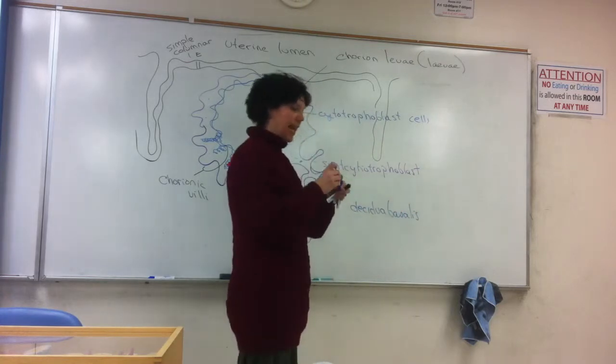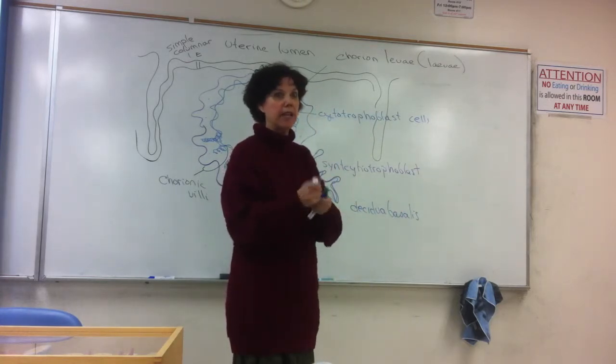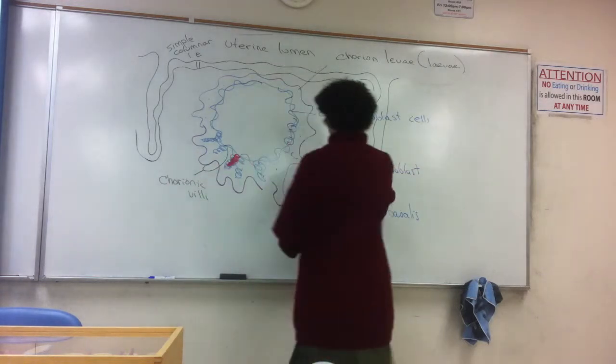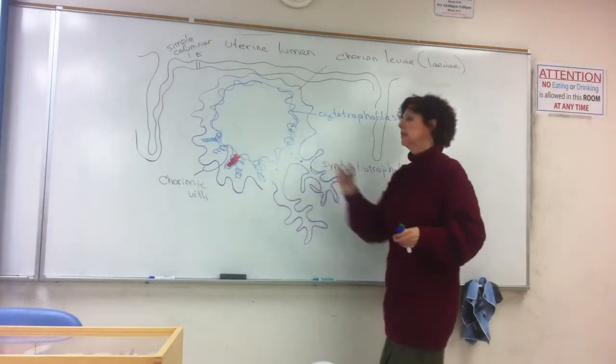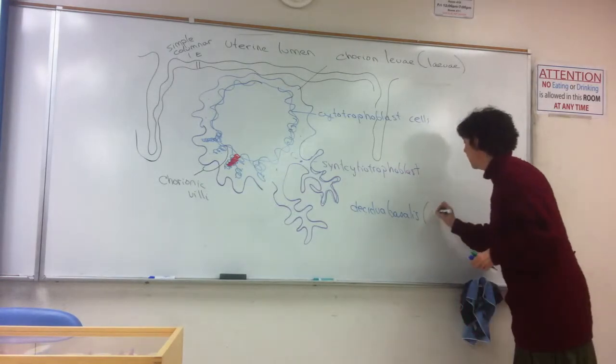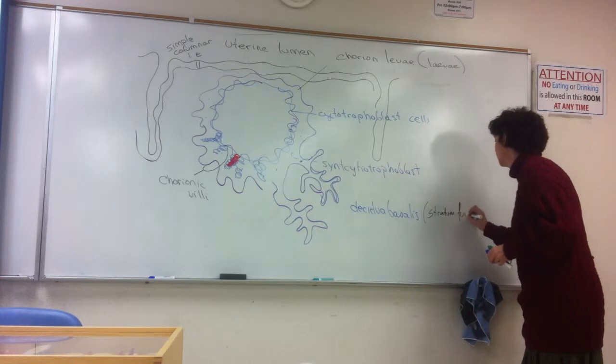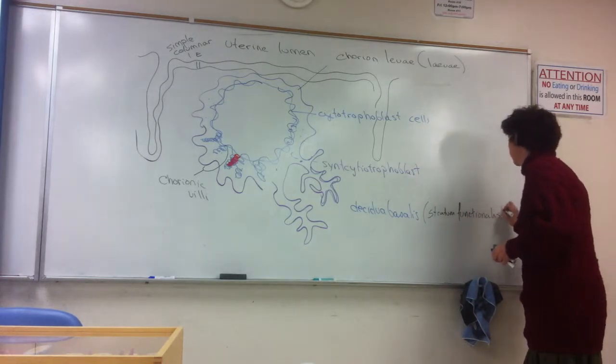It's a confusing name because it's formed of the stratum functionalis, not the stratum basalis. It's basalis because it's basal to the embryo. So all of the decidua is from stratum functionalis.